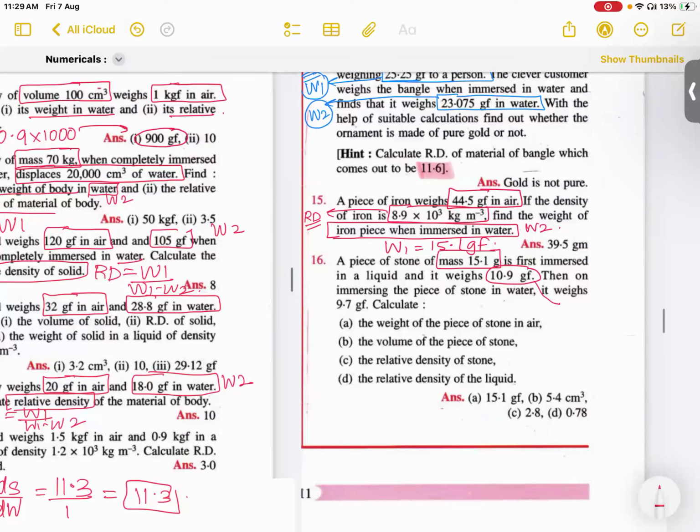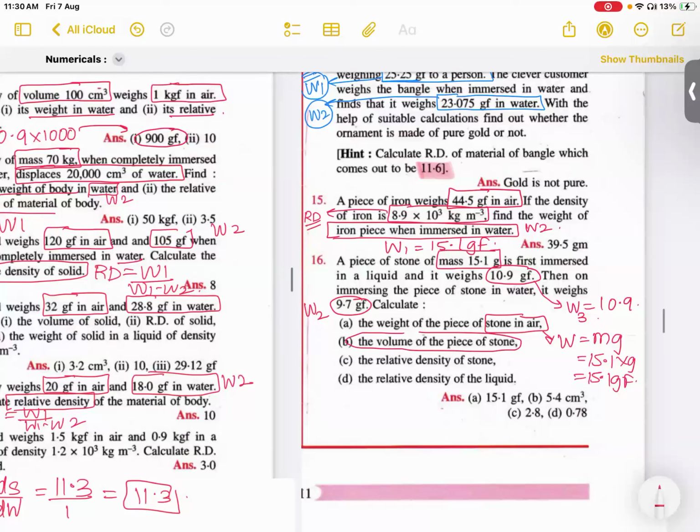I'm writing it here as W3, 10.9. When the same stone is immersed in water, I write it as W2. What is the weight of the piece of stone in air? Weight is mg, guys. M is 15.1 multiplied by g, which will be 15.1 gf.